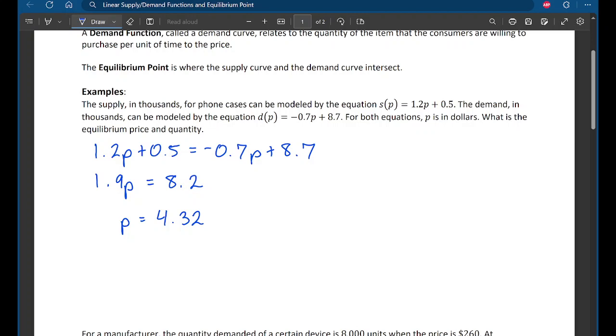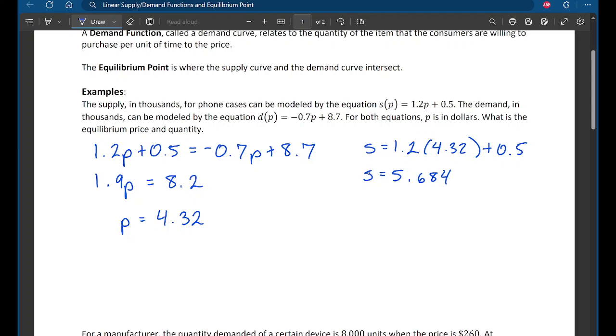So I'm going to choose the supply because it's all positive numbers. So S equals 1.2 times 4.32 plus 0.5. And I could just run this through and I'm going to end up getting S equals 5.684.